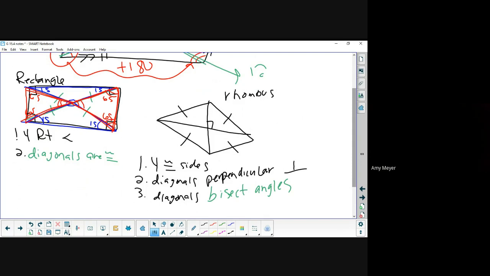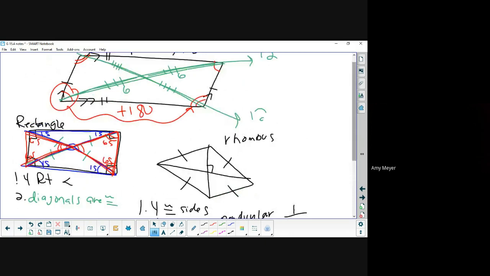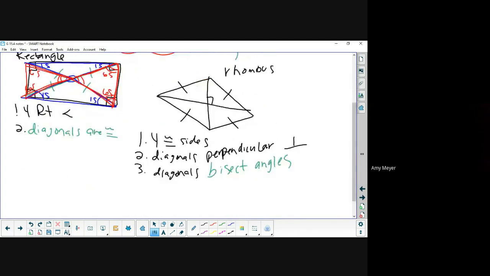So here, a diagonal was bisected, cut into 2. Here, the diagonals are going to cut or bisect an angle. So if I look at this angle, this diagonal is cutting it into 2, which is going to look like this. This little guy equals that little guy. Draw that. The diagonal bisects into 2 equal parts.